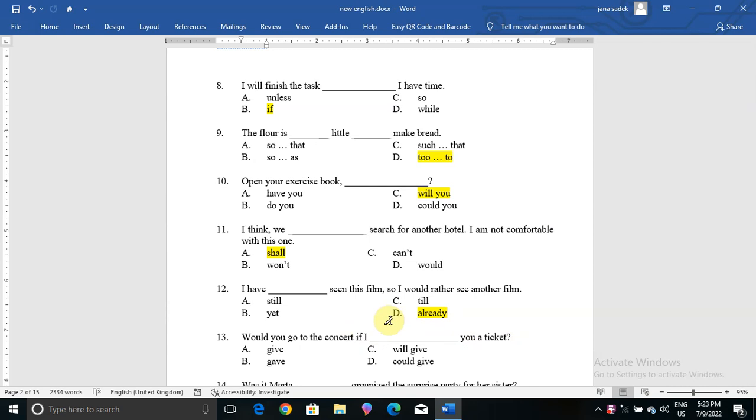Would you means would plus verb 2, right? Would you, it's a verb 2. So that means we are going to use the same thing with if, which is verb 2. Now, what is the verb 2 for give? Give, gave, given. So the correct answer for question number 13 is gave.